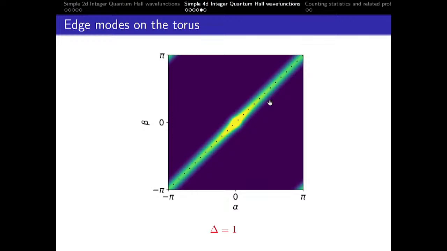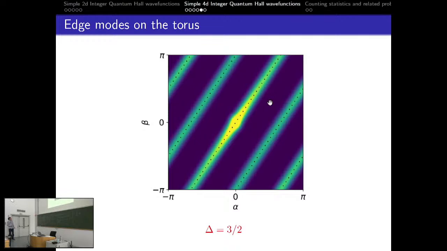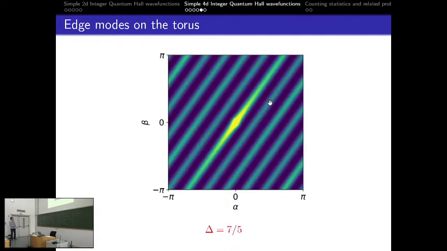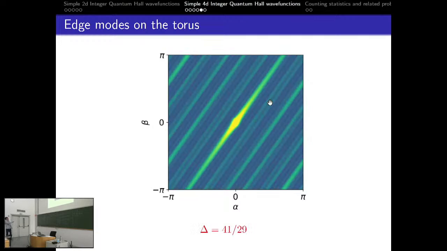And here it's the same. You see these trajectories, which, since n is finite, are a bit blurred, because it's quantum mechanics. This is delta equals 1, and then you can play around with lots of values for delta. Delta equals 3/2, 5/3, etc. And so you can go to more and more complicated fractions.